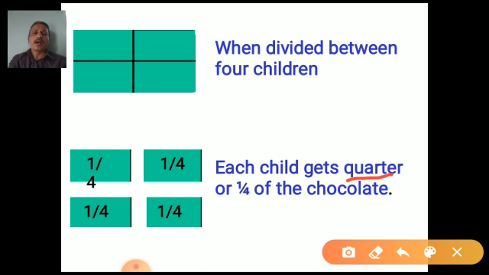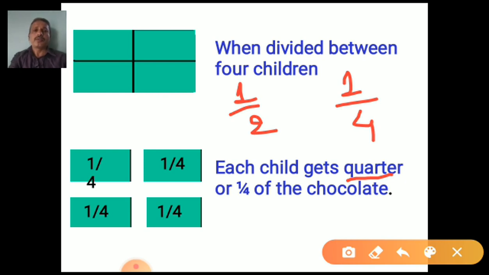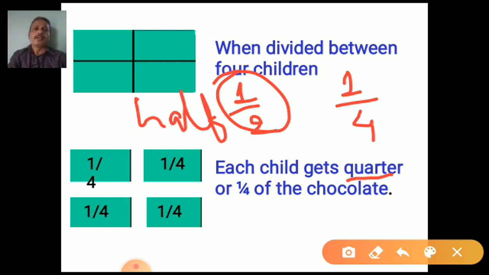Quarter means 1 upon 4. Be careful. 1 upon 2 is what? Just before, we discussed 1 upon 2 is called a? Yes, half. And this is the quarter. Good.